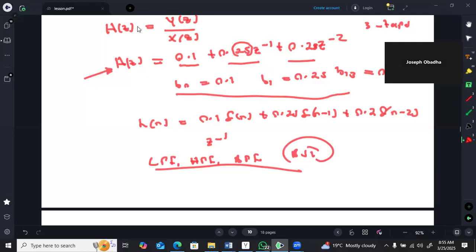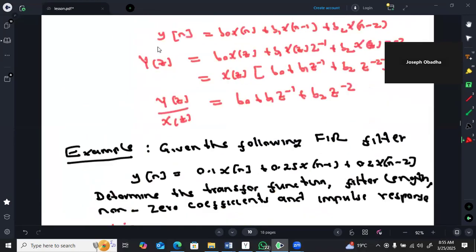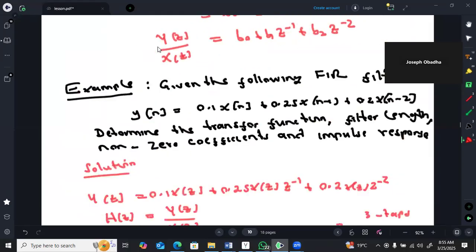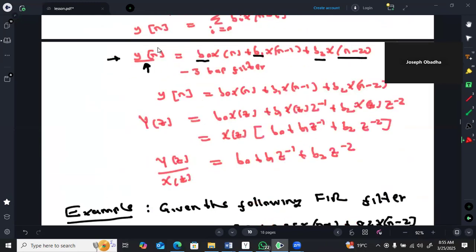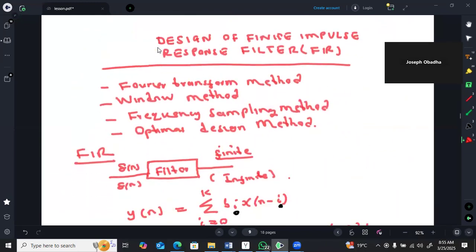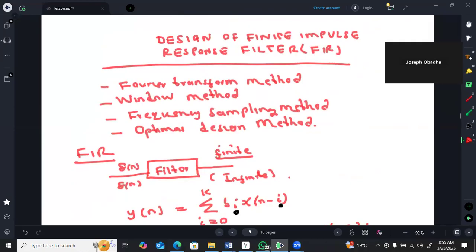So in this lesson, we'll discuss the filter implementation or filter design through what we call the Fourier transform method. Remember, we have said these are all possible ways of designing our filters to achieve a given objective.